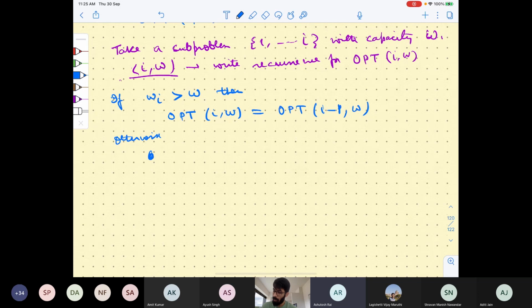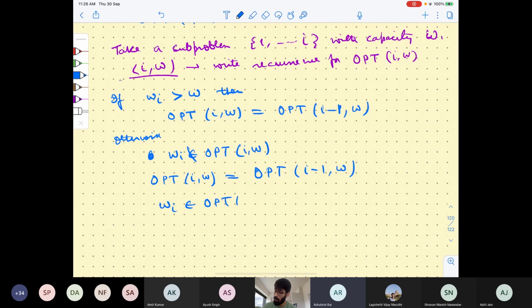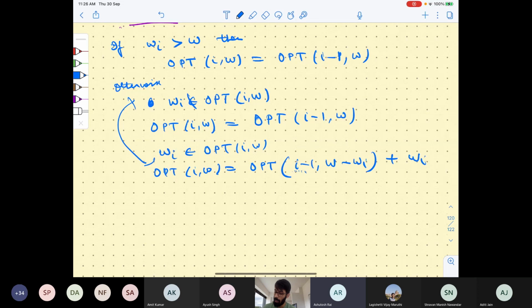Otherwise, if i does not belong to opt of i comma W, then just like previously, opt of i comma W is opt of i minus 1 comma W. And if i belongs to opt of i comma W, then opt of i comma W is equal to opt of i minus 1 comma W minus wi, plus wi.